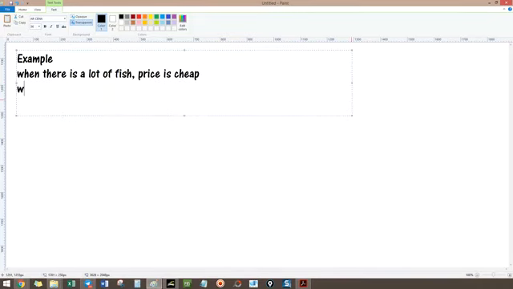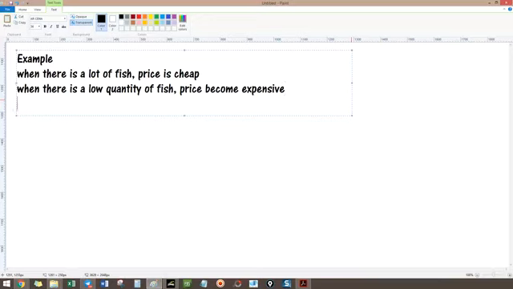When there is a low quantity, a few fish, price becomes expensive. This is the example that I gave for this morning session, session 1.